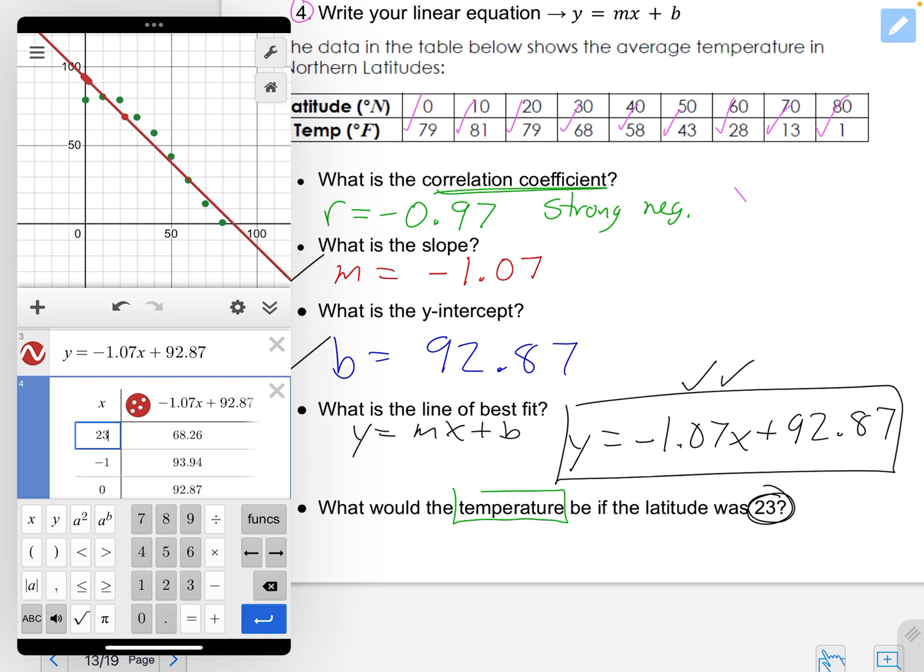So the temperature, if the latitude was 23, should be about 68 degrees Fahrenheit. And so that's really the important thing of this linear regression or these lines of best fit, is we can make accurate predictions based on the data we have. And the more data we have, the easier it is to make accurate predictions, especially when you're running a business or things like that.